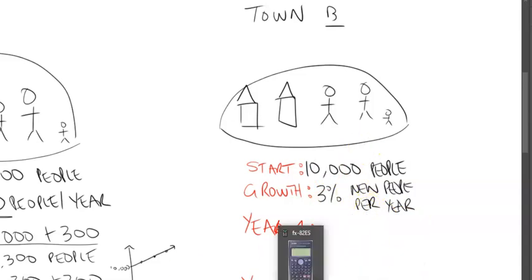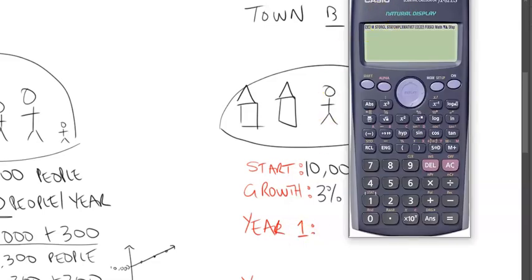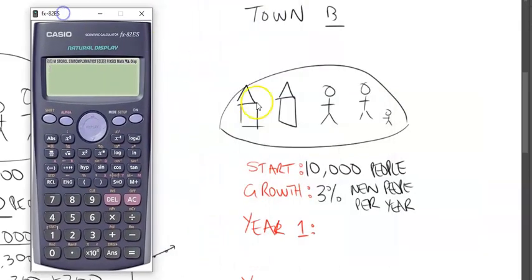So I've gone ahead and grabbed my calculator out, and we're going to find out what 3% of 10,000 is, because this is the growth rate. 3% of new people will enter the city based on what the previous year is.